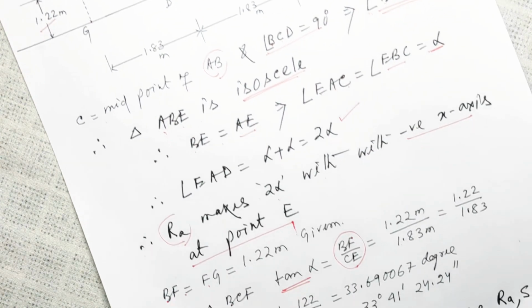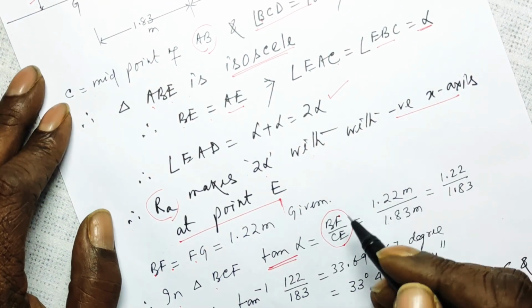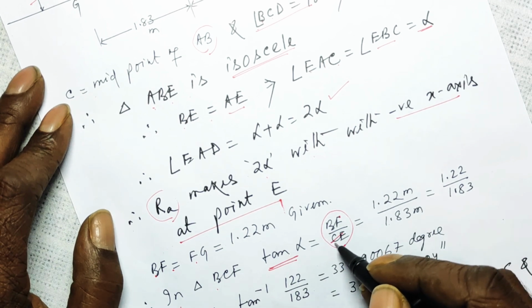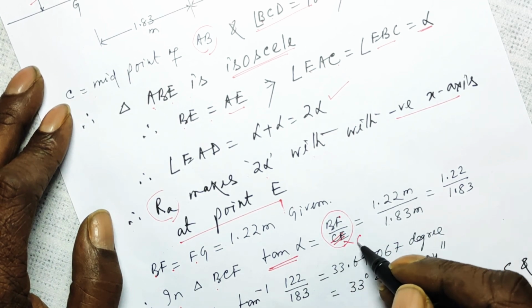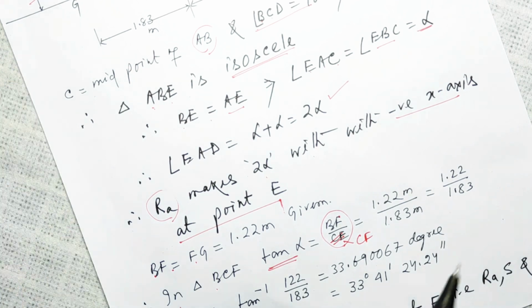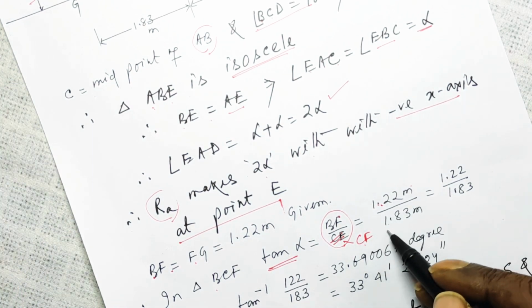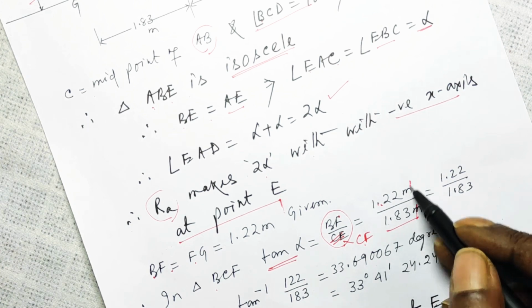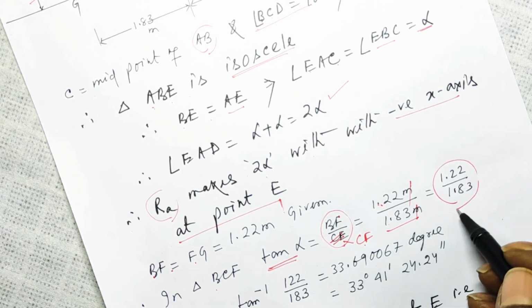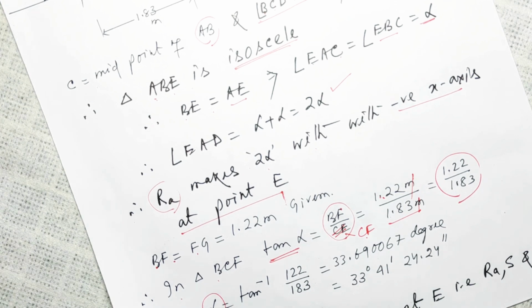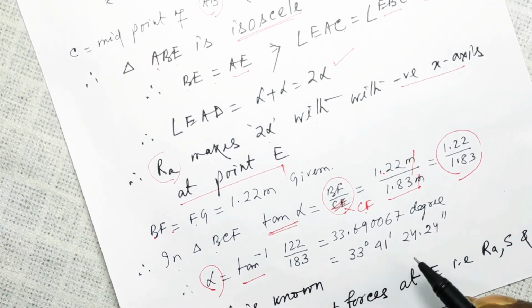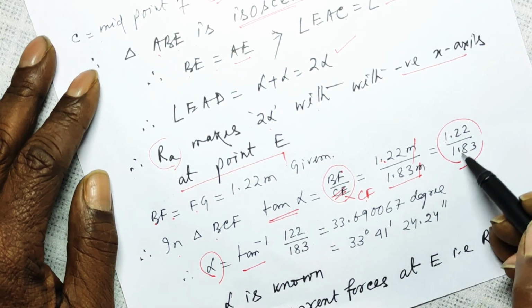BF is given as 1.22, CF is given as 1.83, meters cancel. So alpha is equal to tan inverse of 1.22 over 1.83.